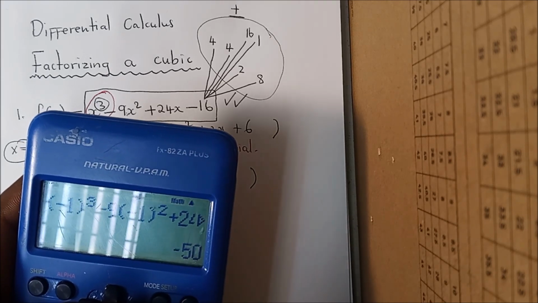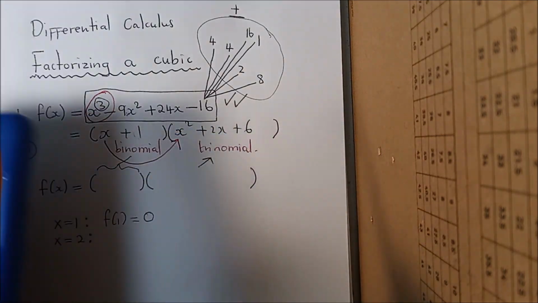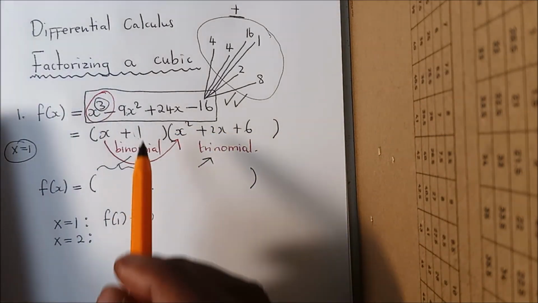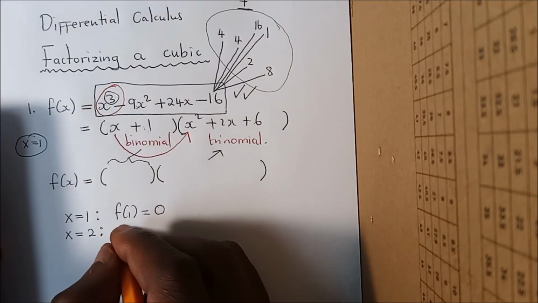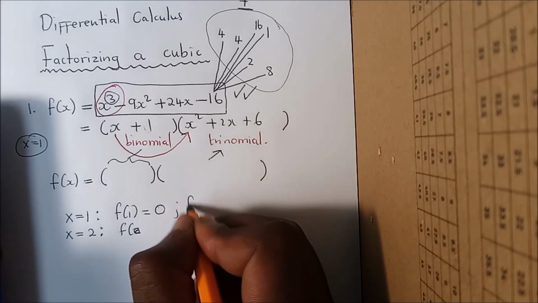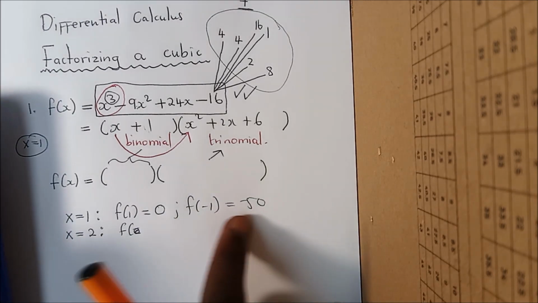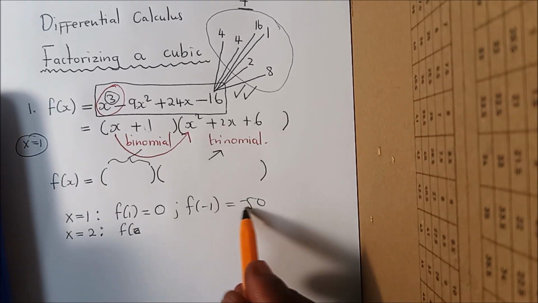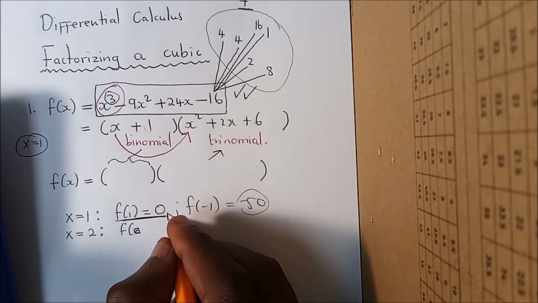So what we say is x equal 1 is not a factor, or in fact, it's not a solution to this cubic equation. So f of negative 1 equals negative 50. So this is not a factor because we have a remainder of negative 50. The goal is to get 0.